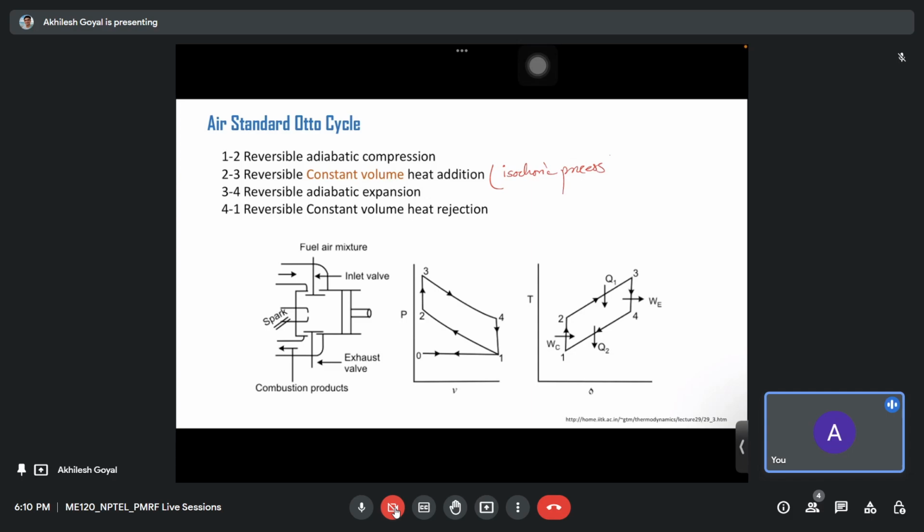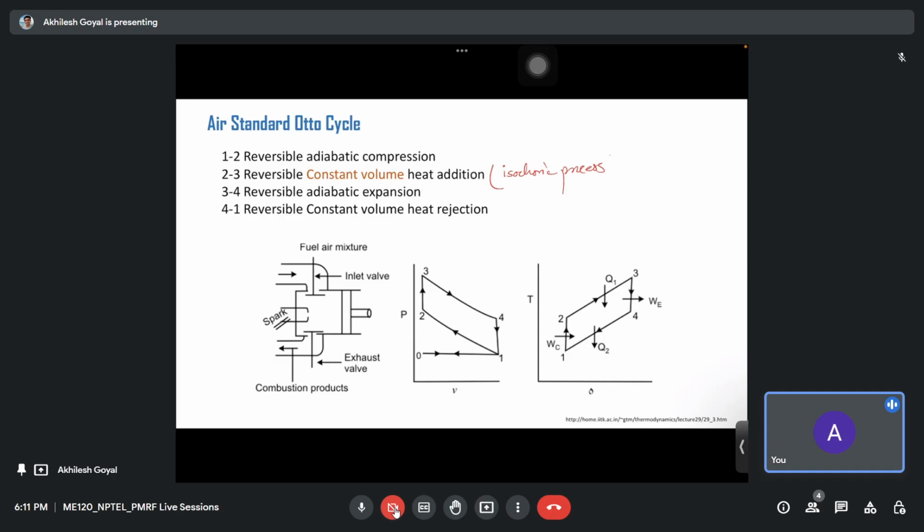Let's consider a four stroke engine. What are the four strokes? The first is the intake stroke, where the air or air fuel mixture is taken inside the cylinder. The second is the compression stroke, where this air or air fuel mixture is compressed.